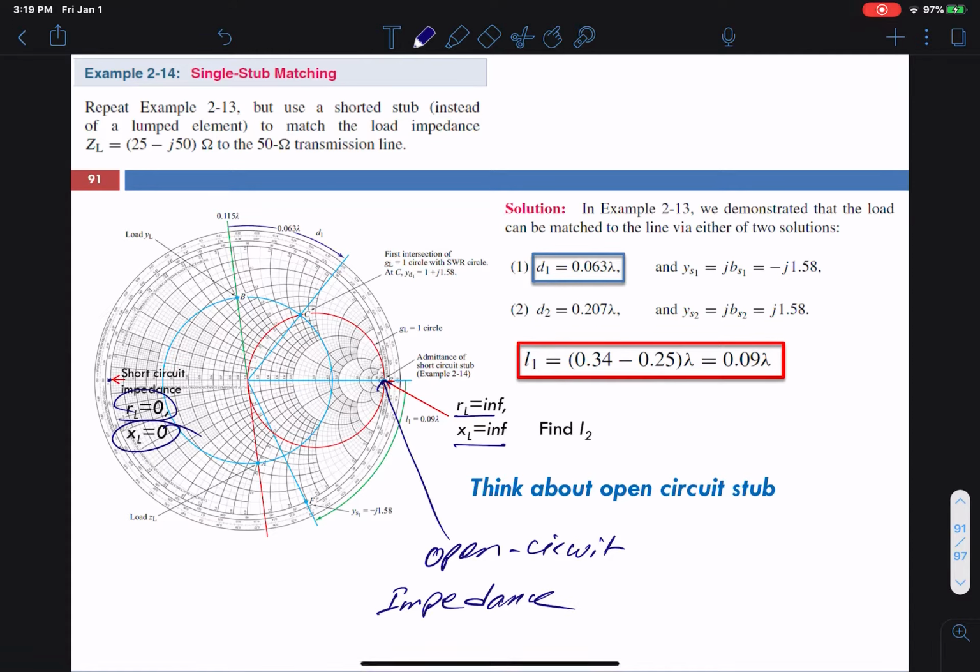Now you know that if you go from one side to the other side, you get the admittance. If this is the short circuit impedance here, then on the other side we have the short circuit admittance. And if this point is the open circuit impedance, on this side over here you'll get the open circuit admittance.